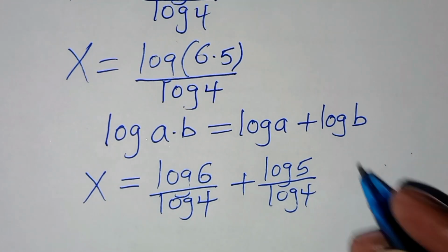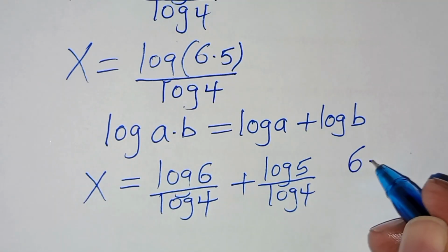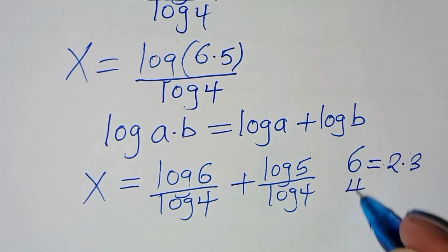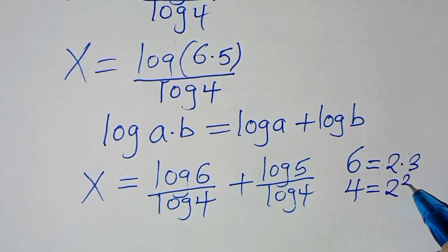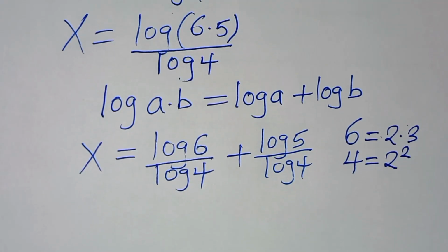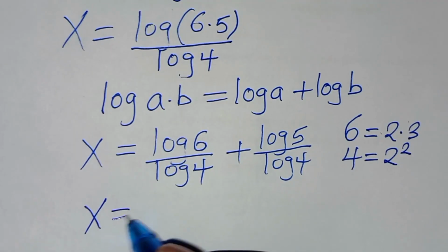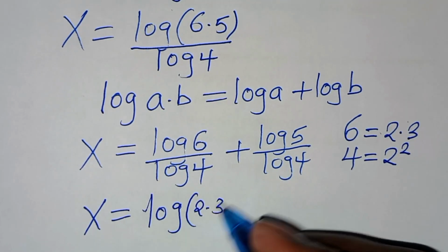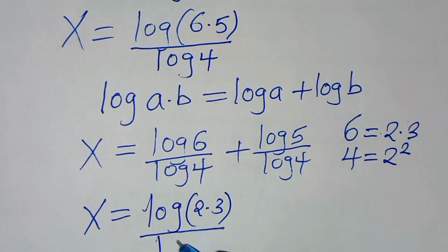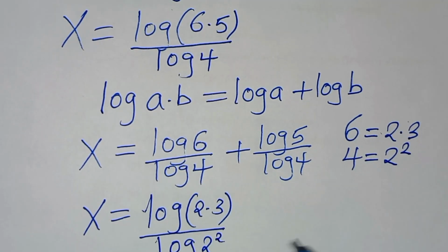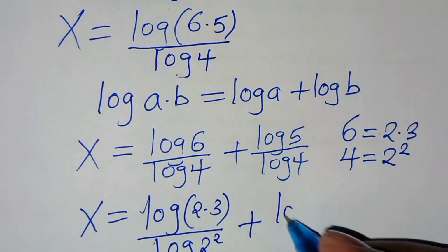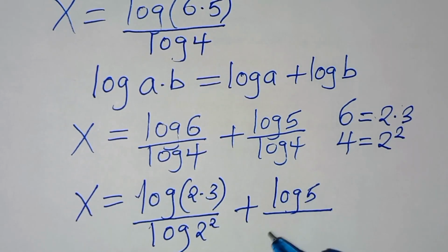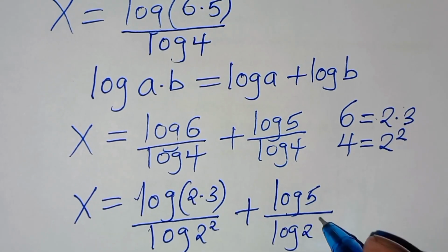The next step from here, we can express 6 as 2 times 3, and we can express 4 as 2 to the power 2. So x is equal to log 2 times 3 divided by log 2 to the power 2, plus log 5 divided by log 2 to the power 2.